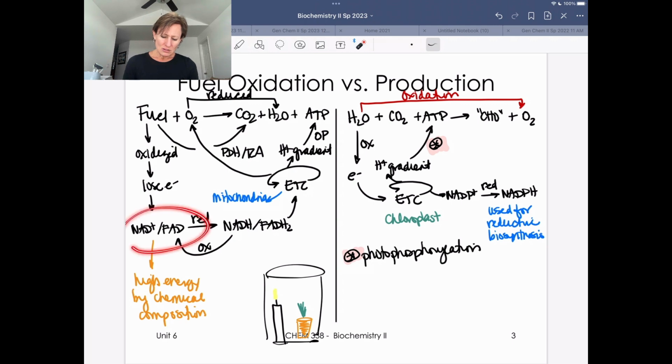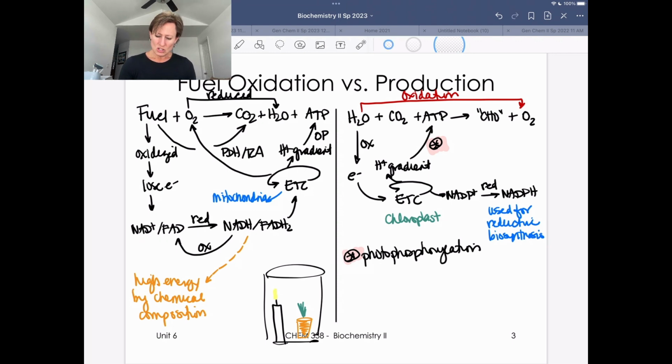When we talked about those electrons in mitochondrial electron transport, as I should point here to NADH and FADH2, they were high energy by virtue of their chemical composition. So let's actually fix this arrow here. It's really these guys that are high energy by virtue of their chemical composition.